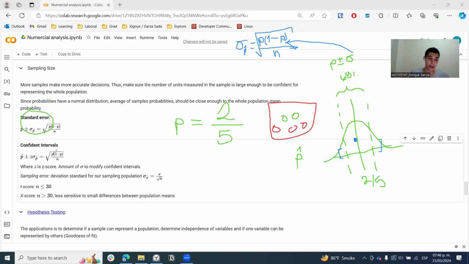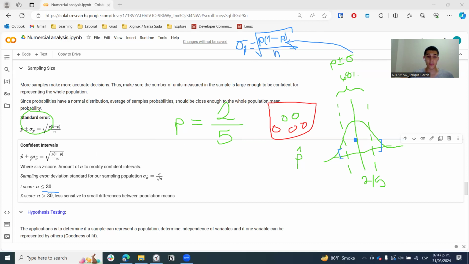Now, the confidence interval, what this means is that, once we have understood that there's a relationship between the probability and these intervals, and the population, we could determine that based on a certain amount of population, for example, after 30 users, we will be using the z-score for determining the number of sigmas for changing these intervals.